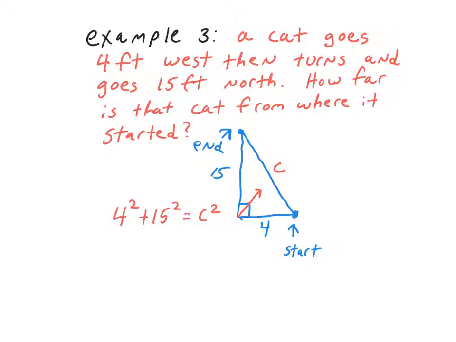It's going to give me 4 times 4, which is 16, plus 15 times 15, which is 225, and that's going to equal c squared. I'll add 16 and 225, and we get 241. Then we want to take the square root of 241 to get our final answer.